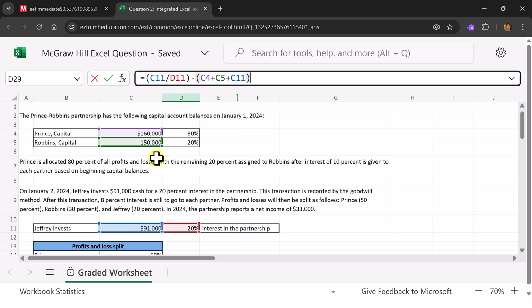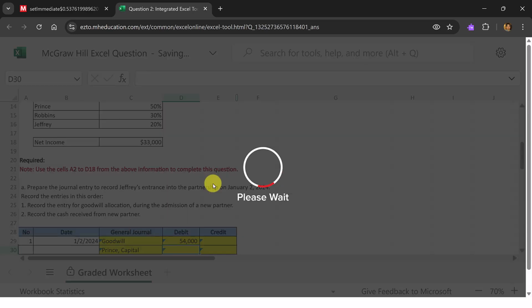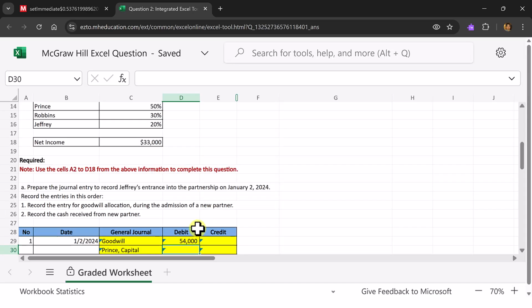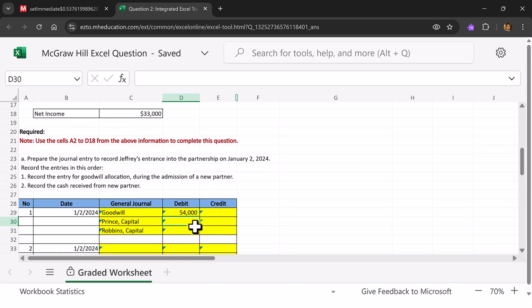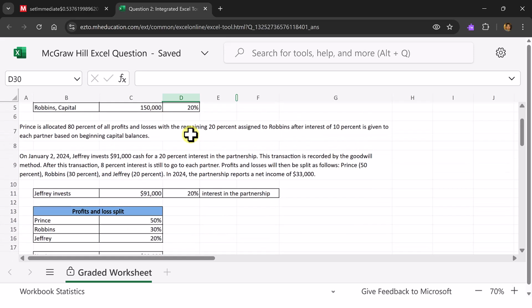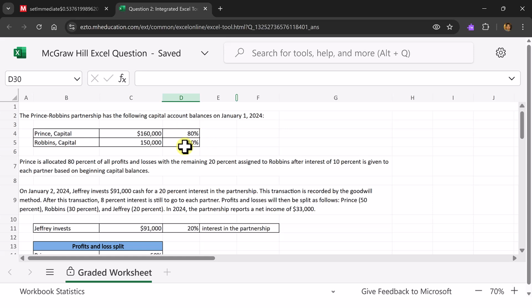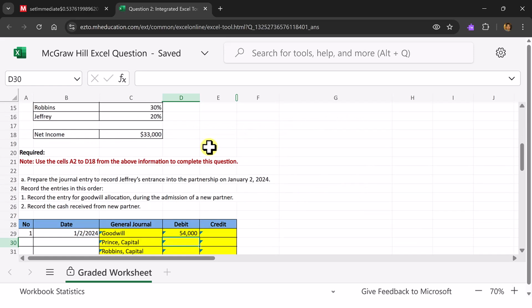Okay. So the difference between these two here, yeah? The implicit value of the whole 100% of the partnership and the identifiable assets we have here. So the excess is our goodwill, 54,000, of which we're going to allocate 80%, I think it's 80%, to Prince and 20% to Robbins.